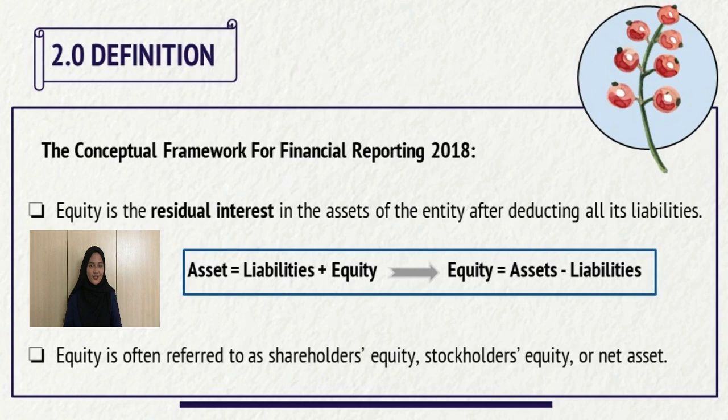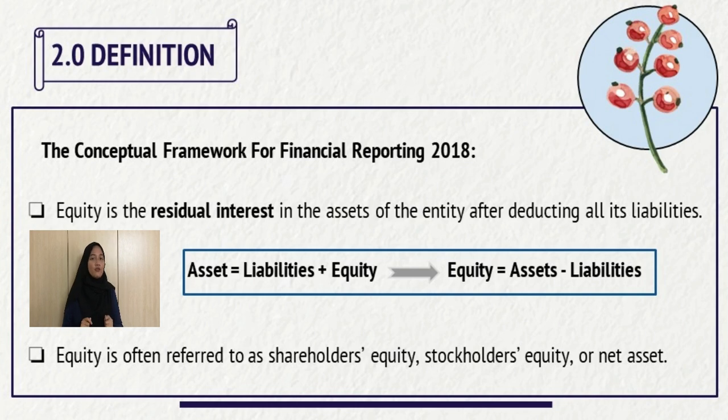As accounting students, we already know the general equation, which is assets equal liabilities plus equity. Hence, to get the equity amount, we must deduct the liabilities from the assets. So the equation would be equity is equal to assets minus liabilities.